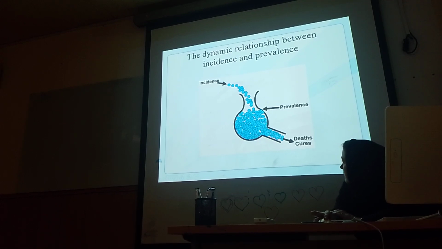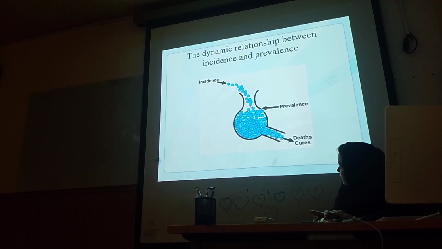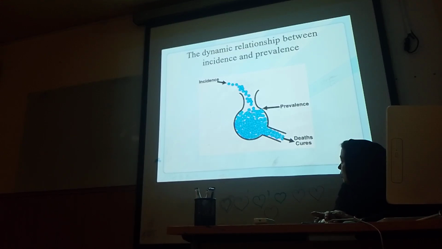And that is the prevalence. If the number of incidence is higher than the number of deaths or cures, the total population with that specific disease might increase. But if deaths or cures are higher than incidence, the prevalence might be less. Okay?